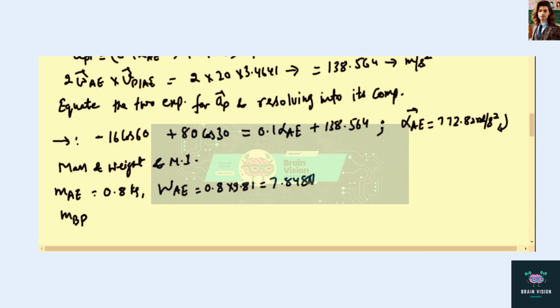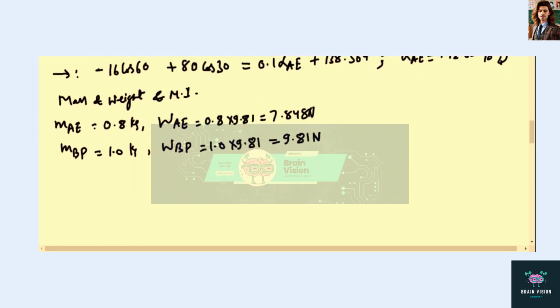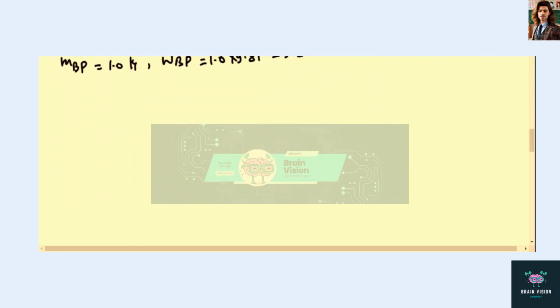Mass of BP rod is given 1 kg. So weight of BP rod will be 1.0 into 9.81 Newton. Now moment of inertia of the rod AE about its center of mass is one by 12 mass of AE into square of its length.